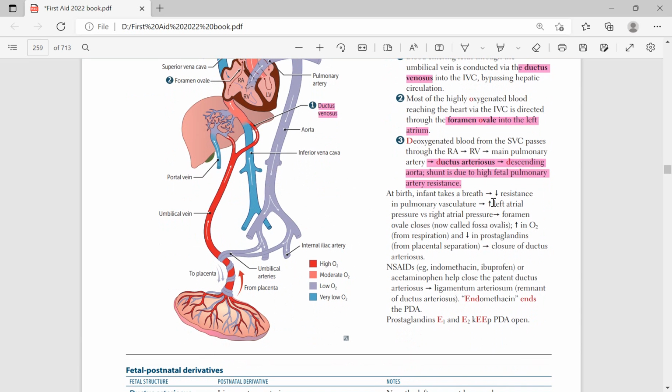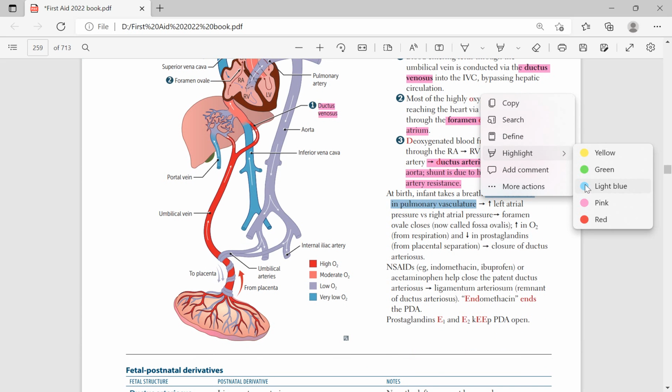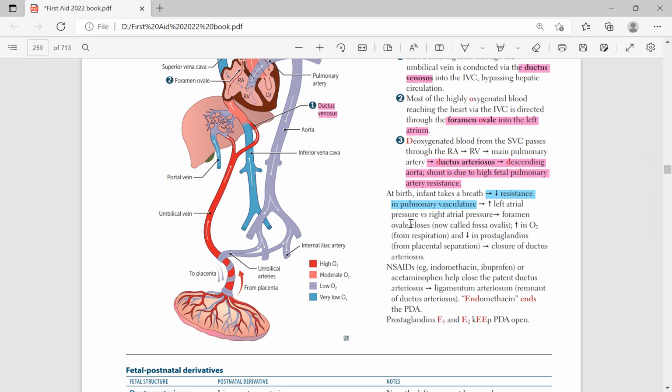At birth, the infant takes a breath, decreasing resistance in the pulmonary vasculature. Left atrial pressure increases versus right atrial pressure, the foramen ovale closes, and it is then called the fossa ovalis. Increase in oxygen from respiration and decrease in prostaglandin from placental separation cause closure of the ductus arteriosus.